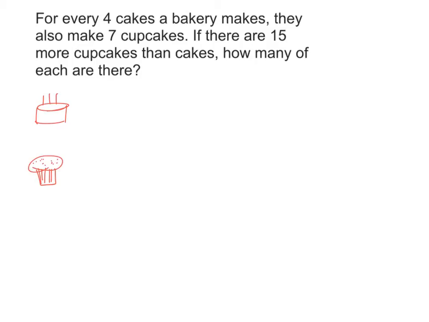So cakes to cupcakes, and so 4 to 7 is our ratio, and for every 4 cakes, we have 7 cupcakes. This is going to come first. They're also right next to each other, so it's easy to figure it out.